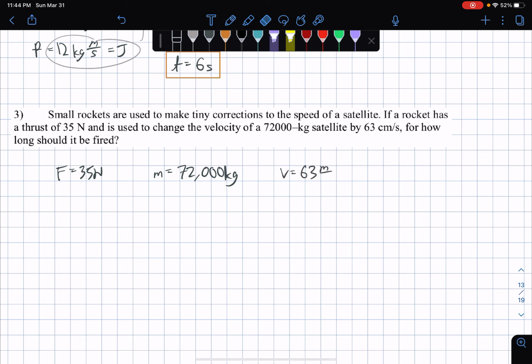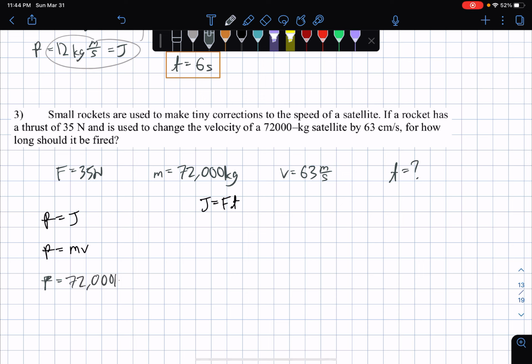For how long should it be fired? I think this is also an impulse problem since time is only involved in the impulse formula. J is equal to Ft. Do we have the instruments to look for J such that P is equal to J? Let's bring out the formula for momentum. Mass and velocity, we do have both of them. So let's solve.